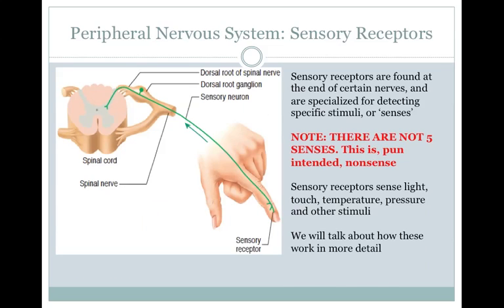Now, this is an important slide because it talks about what is meant by the sensory portion of the nervous system that we talked about just a couple of slides ago. And so it's really important to remember that there's no such thing as just five senses.